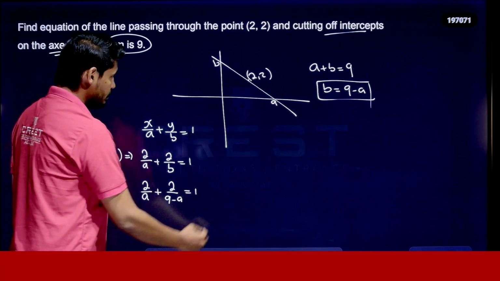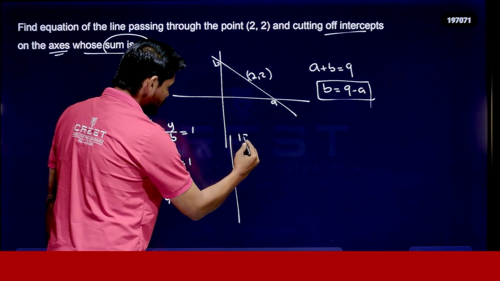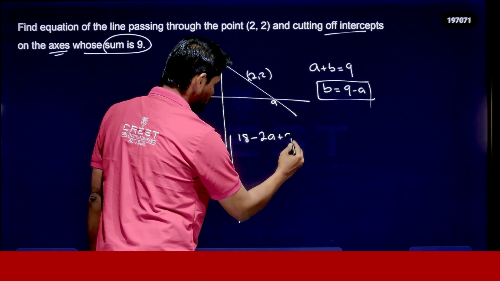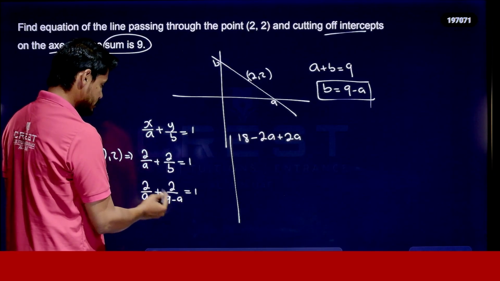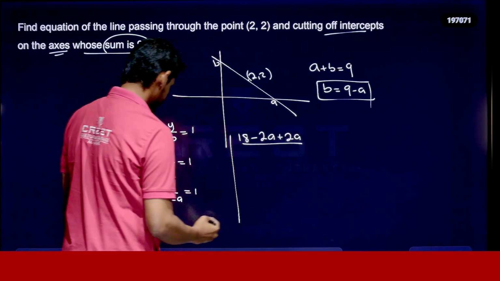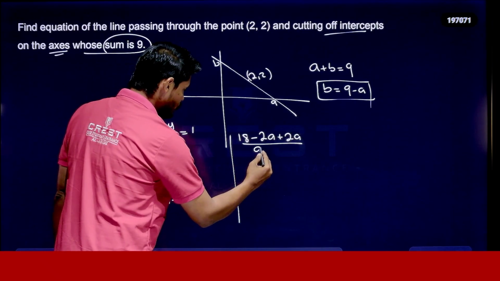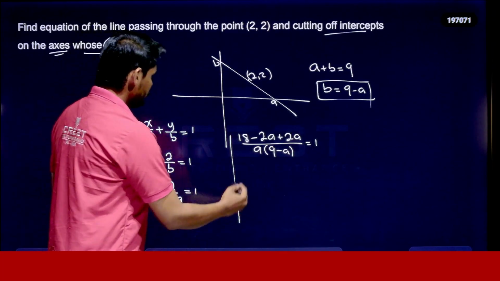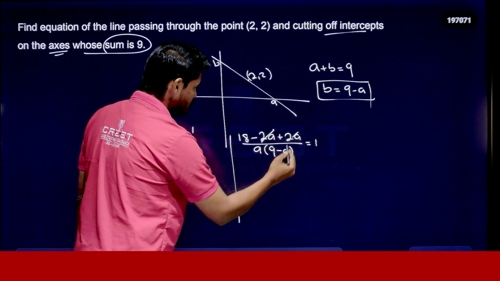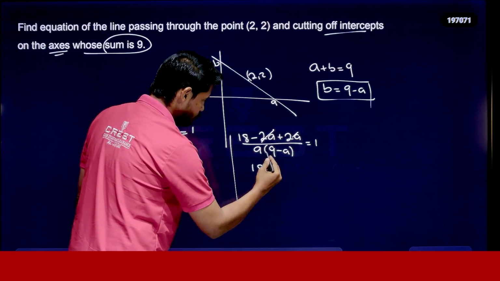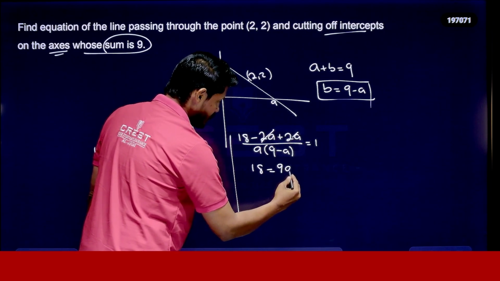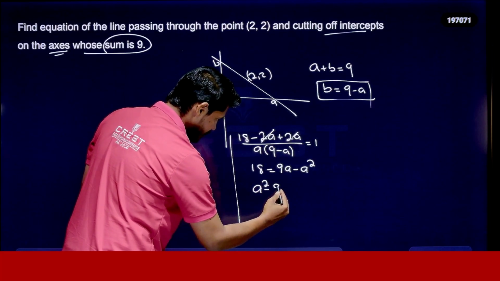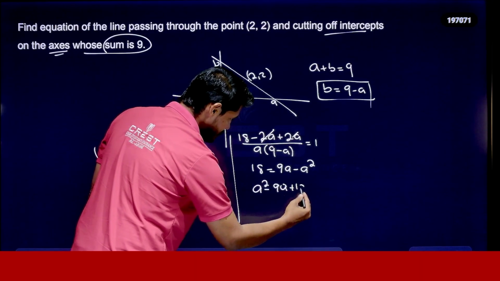When you cross multiply, you will get (18 minus 2a plus 2a) divided by a into (9 minus a) equal to 1. You can cancel these two terms. You will get 18 equal to 9a minus a square. That is, a square minus 9a plus 18 equal to 0.